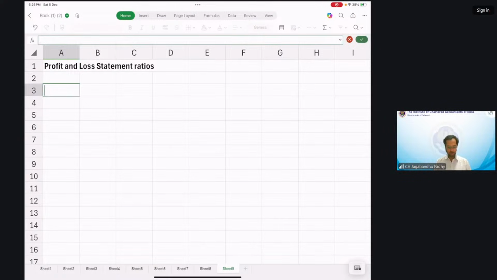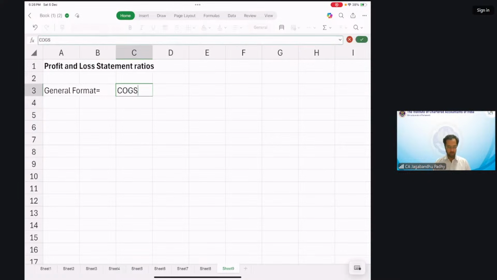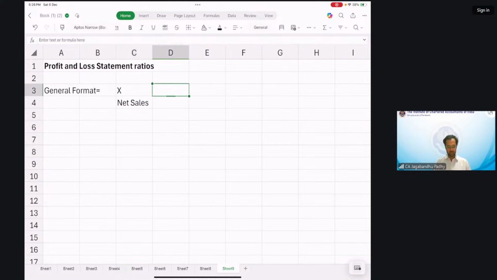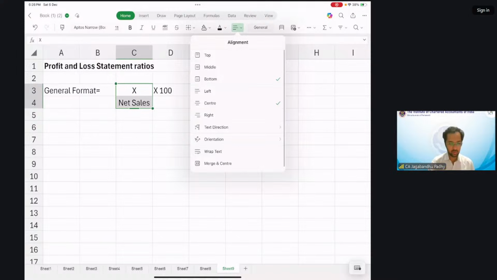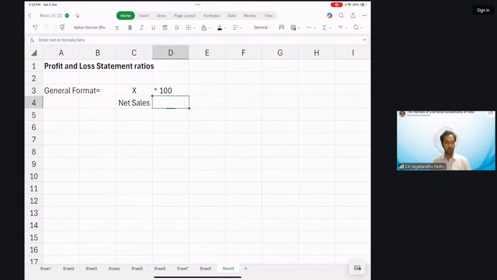These P&L statement ratios are all going to be in a general format of, sorry, not COGS, my bad, X upon net sales into 100. So the general format is X upon net sales into 100.